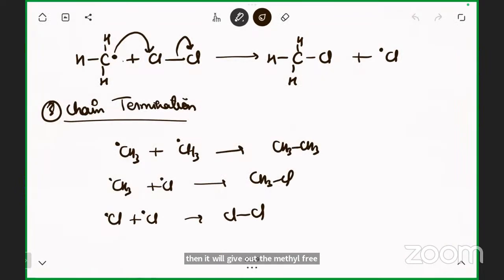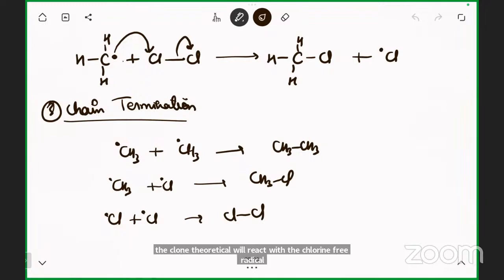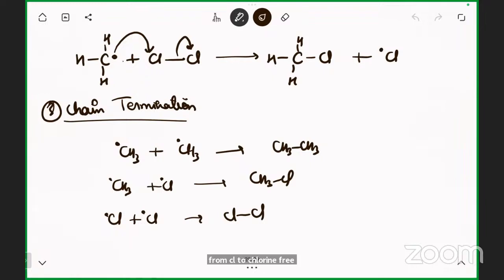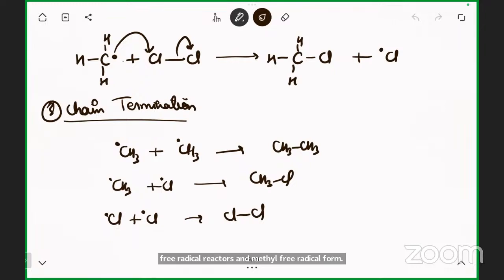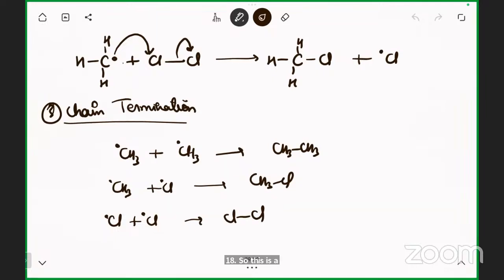Now this methyl free radical reacts with another molecule of chlorine and forms methyl chloride plus chlorine free radical. Now the chlorine free radical reacts with the chlorine free radical, forming Cl2. Chlorine free radical reacts with the methyl, forming methyl chloride. Methyl free radical reacts with the methyl free radical, forming ethane. So this is the mechanism process.